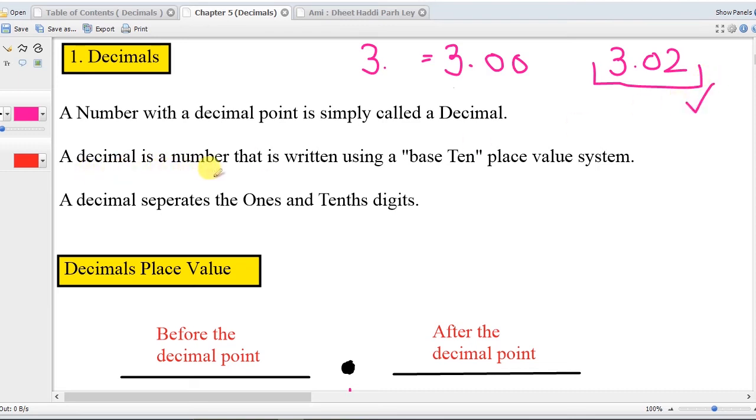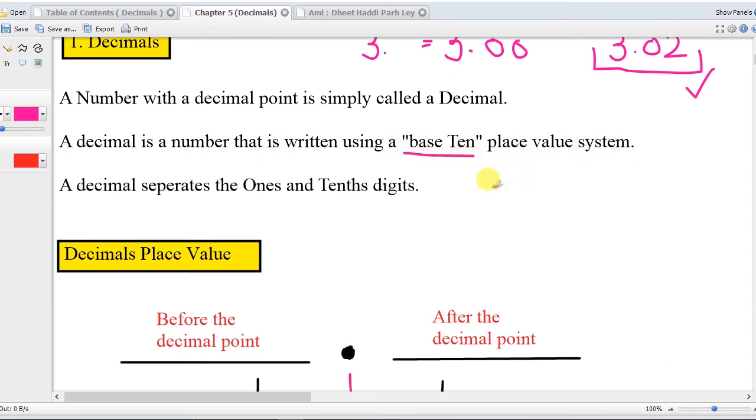So a decimal is a number that is written using the base 10 place value system. Now what does it mean? Let's suppose we write an example, let's say 0.1. When I write this value in the form of a fraction, it will be equal to 1/10, right?